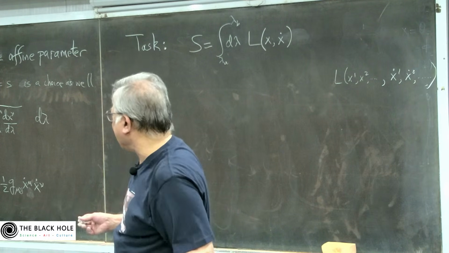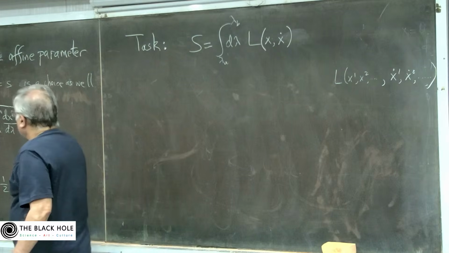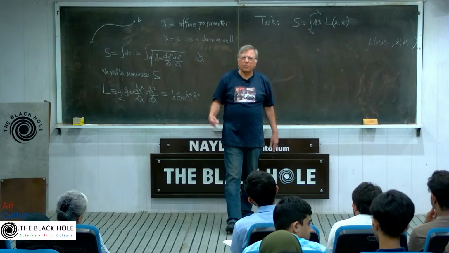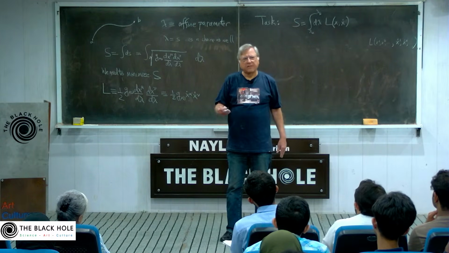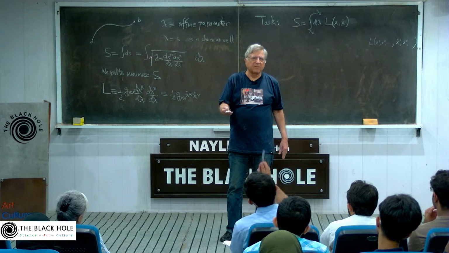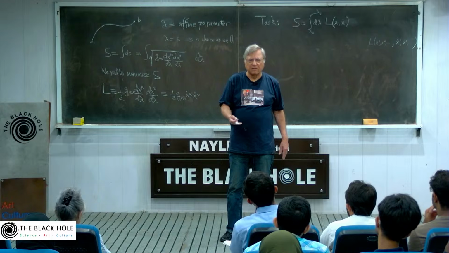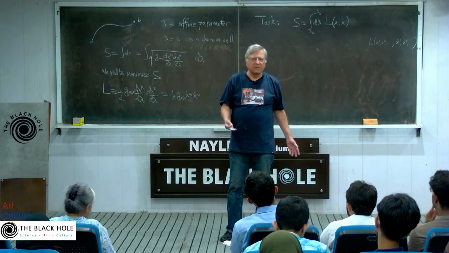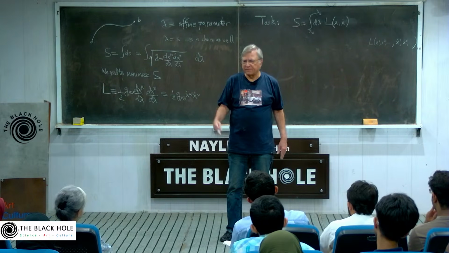I say speed because, what is speed? What is velocity? It's the derivative with respect to something, right? It's dx mu by dt, dx mu by d lambda, call it speed, first derivative.